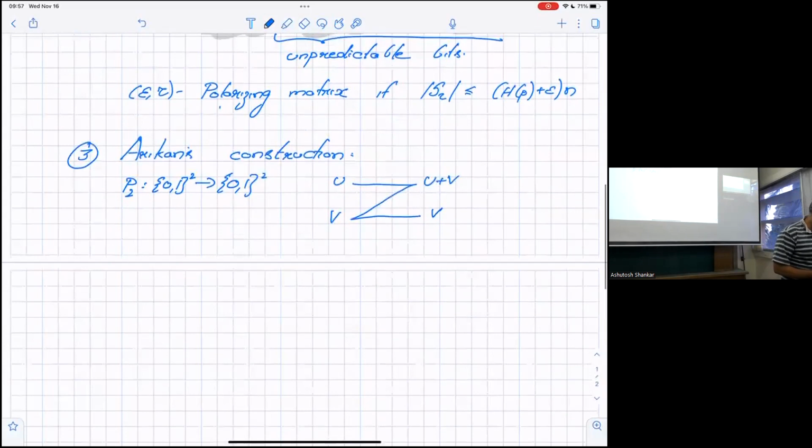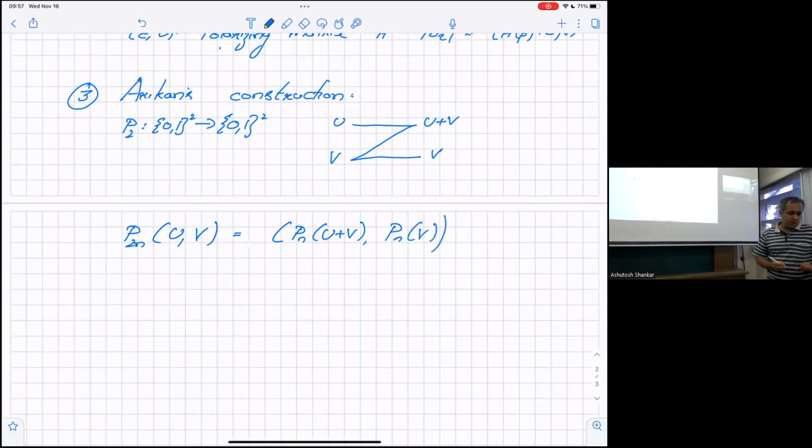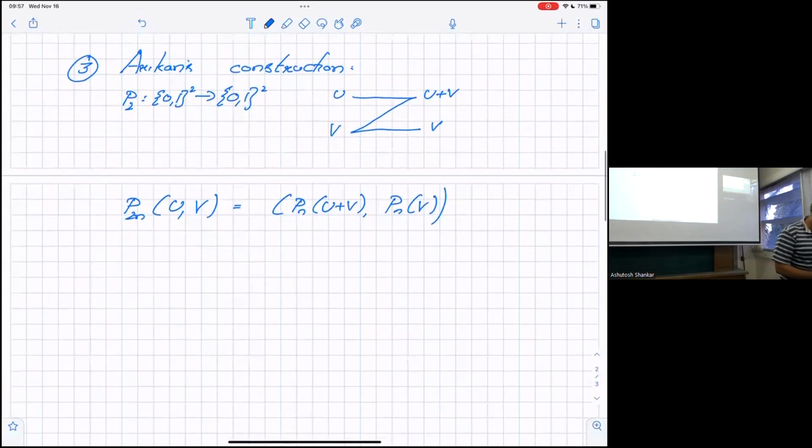That was P2, and then P2n, more generally for U and V, which are vectors here, was defined recursively as Pn of U plus V and Pn of V. We have the recursive definition, and pictorially, say before we had 4 things, A, B, C, D. What is going to happen is the following.